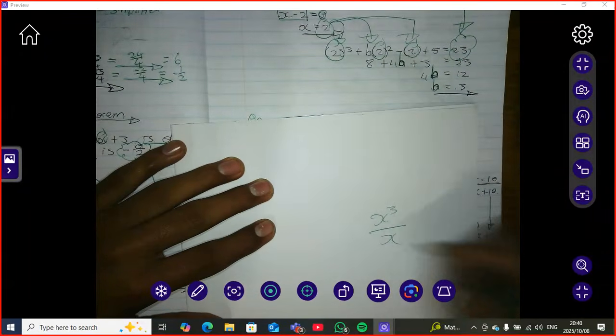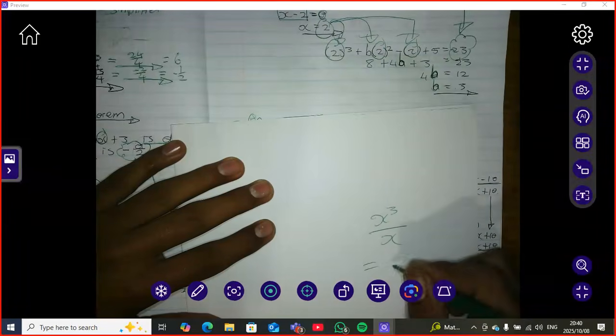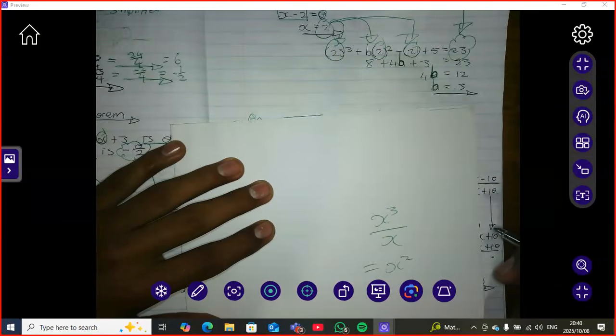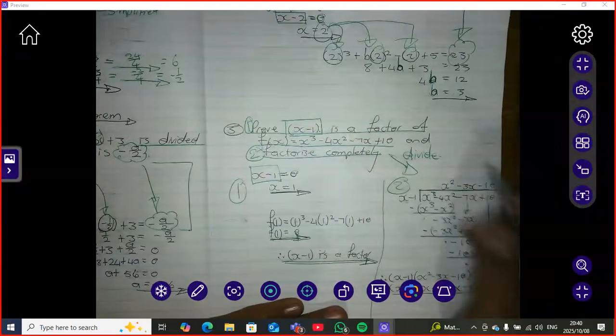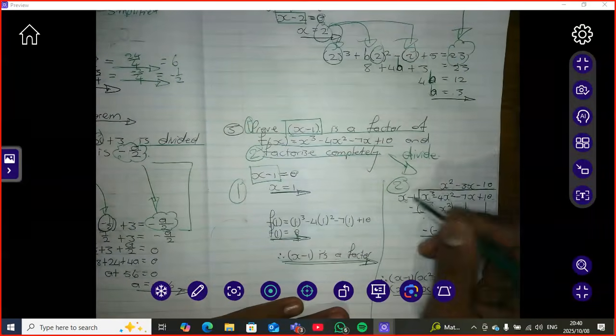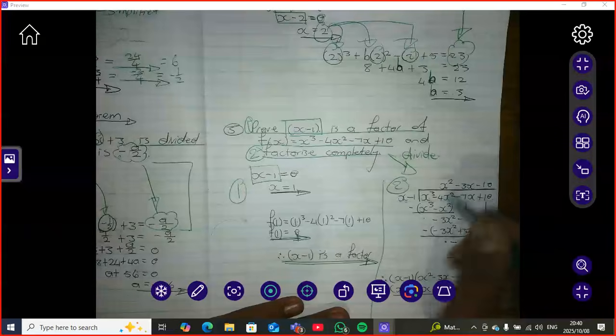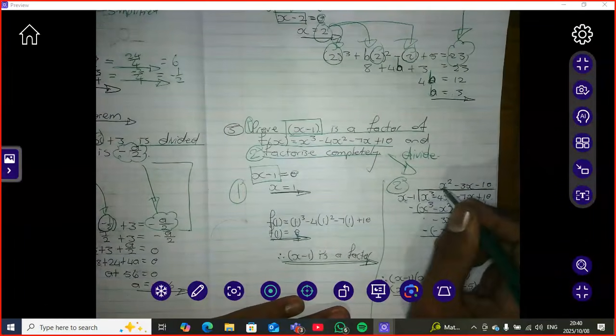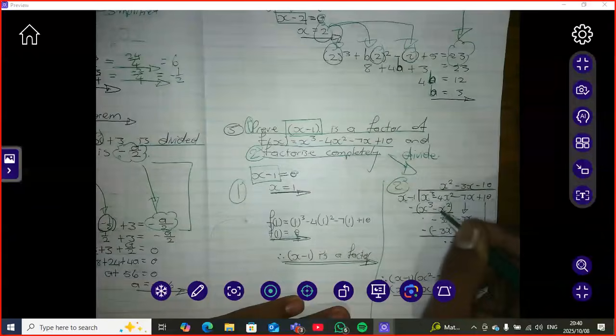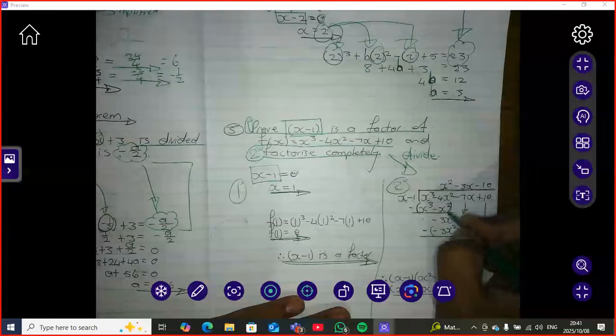x cubed over x equals x squared. Anyways, I take this x squared and multiply back. x squared times x gives me x cubed. x squared times negative 1 gives me negative x squared. Then I put it in brackets and I subtract.